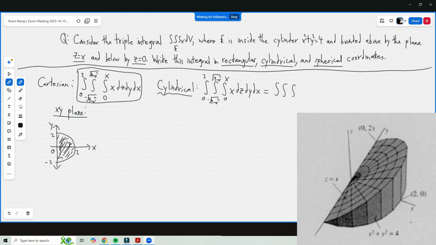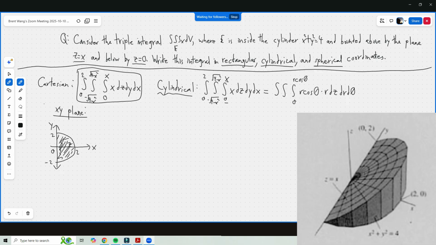We have x here. x is equal to r cos theta, times dV, which in cylindrical coordinates is r dz dr d theta, and z goes from 0 to x, so 0 to r cos theta.